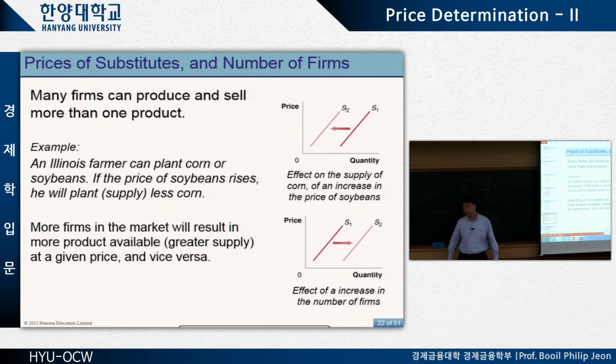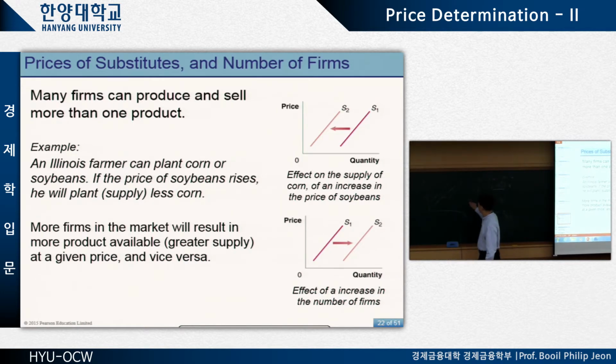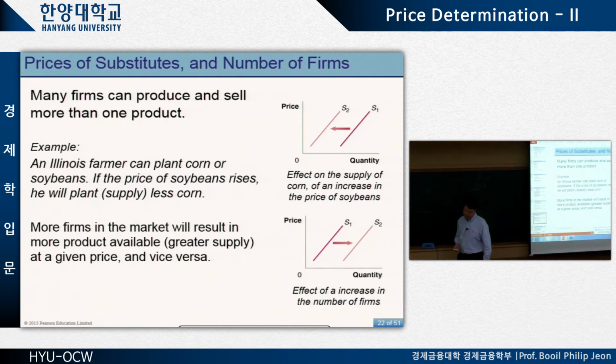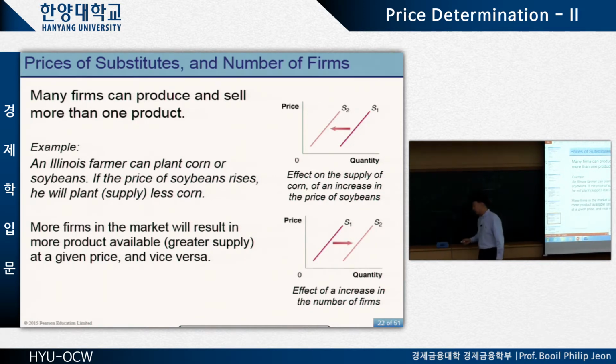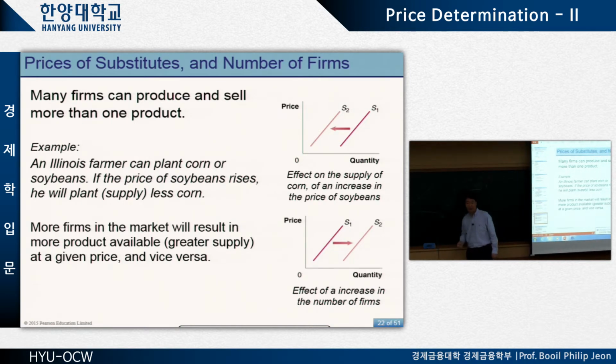DVD player, yeah. Before DVD there was a VCR. Do you guys know what VCR is? In your generation, I think VCRs almost disappeared as soon as you were born.